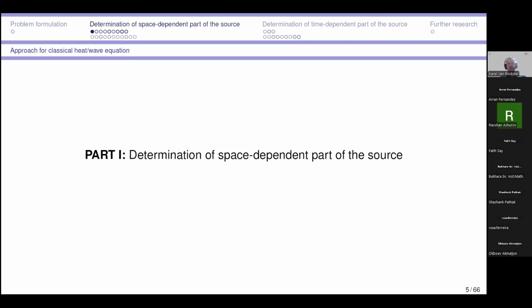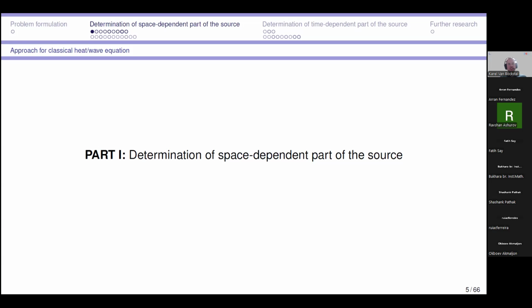And as I said, I will first focus on classical diffusion equations. I will explain the main results concerning the inverse problems for the diffusion equation, and also briefly explain how these results were obtained.